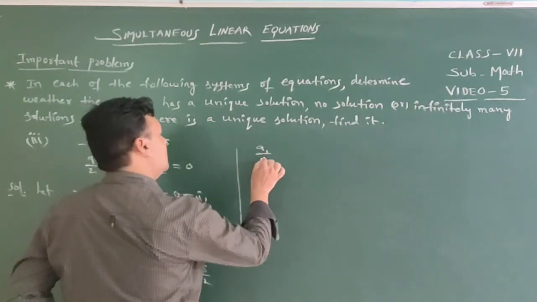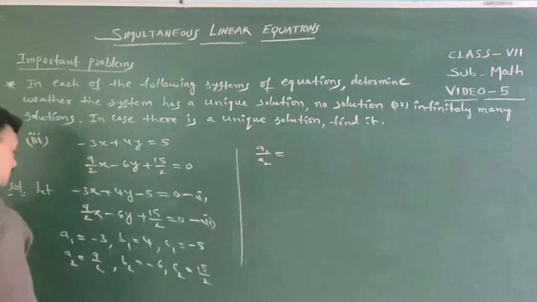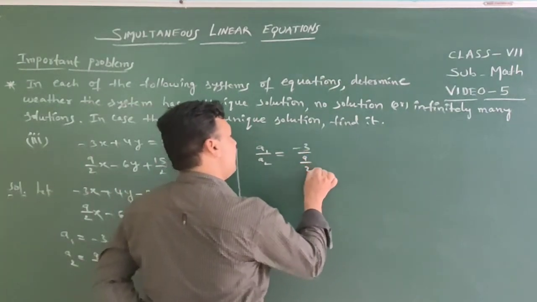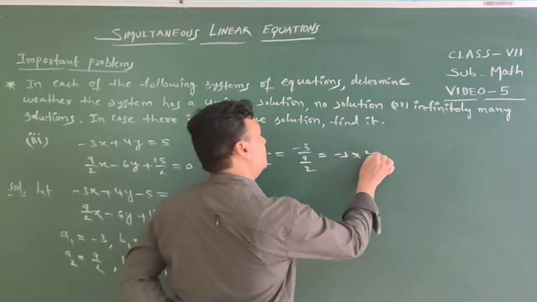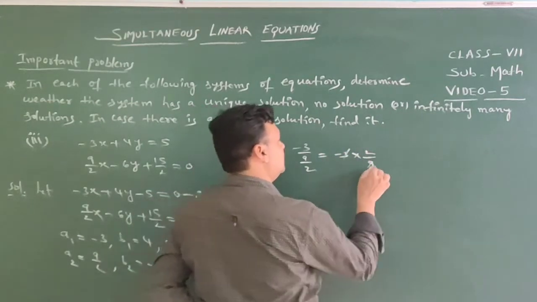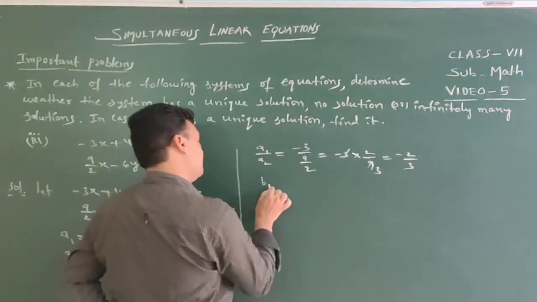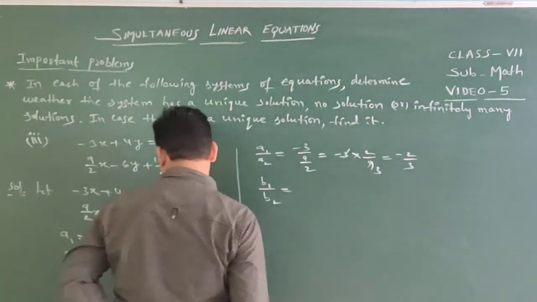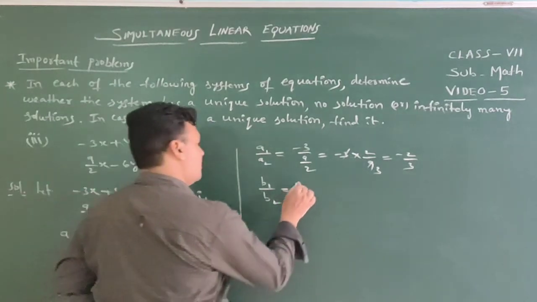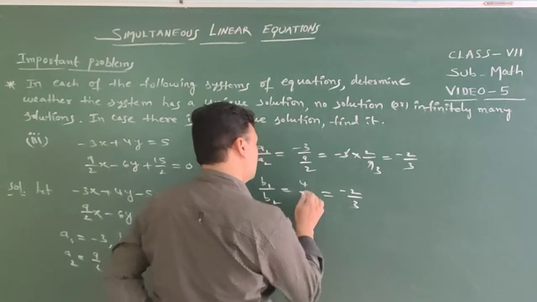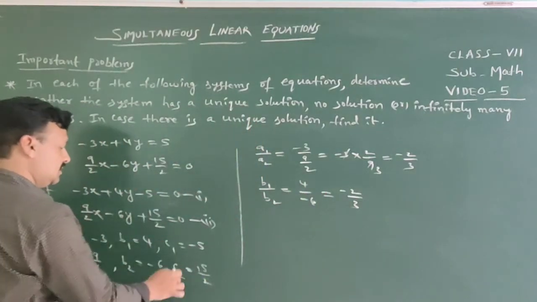Now A1 by A2 equal to minus 3 by 9 by 2, equal to minus 3 into 2 by 9, that is minus 2 by 3. Here B1 by B2 equal to 4 by minus 6, here also minus 2 by 3.